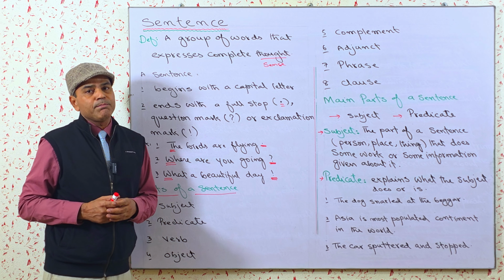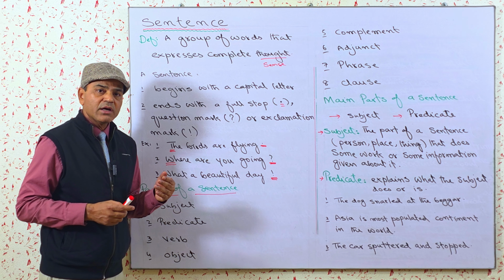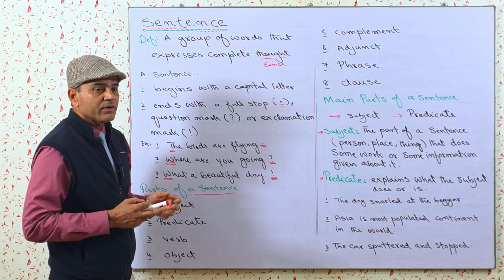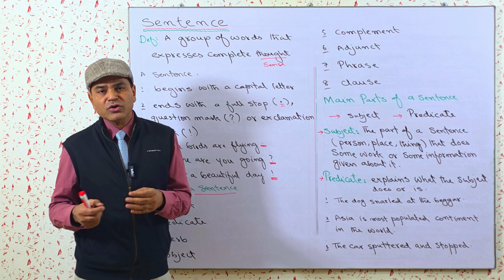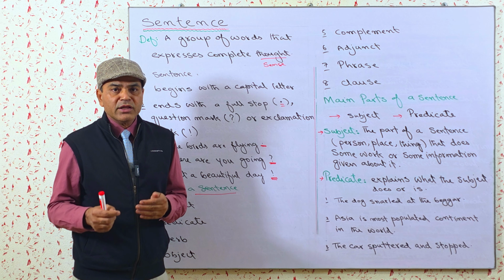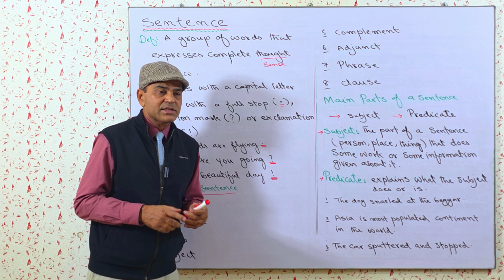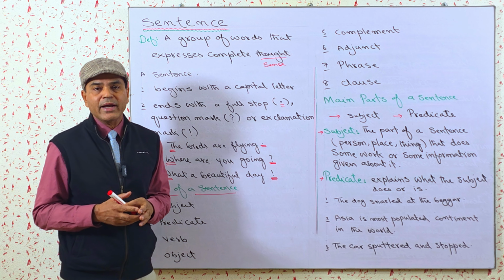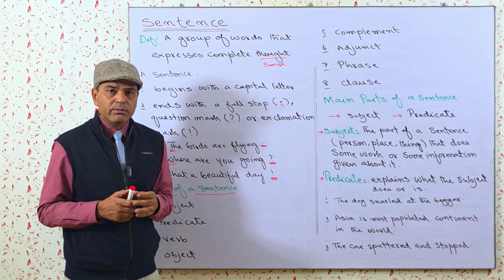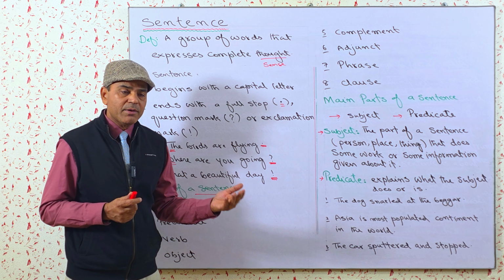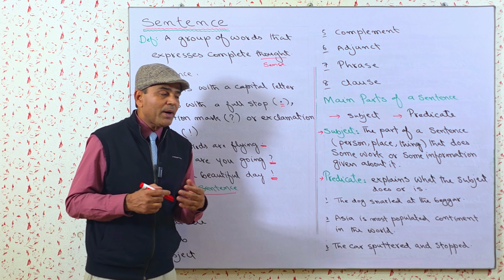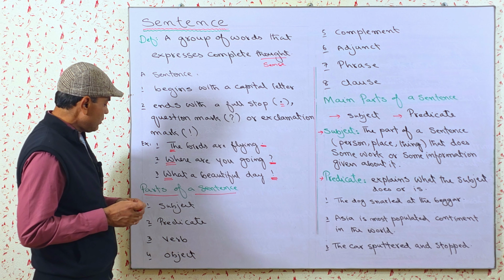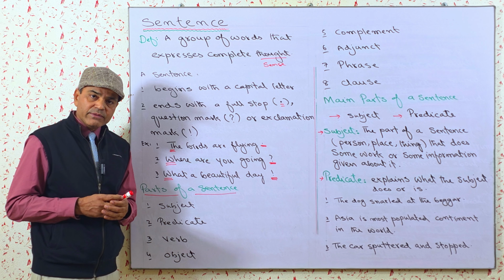A sentence has different parts, because when we talk about a sentence, we actually talk about grammar, because the definition of grammar is putting the words at their right places in the sentence. We will be able to put the words at their right places if we know about all the parts of the sentence. So what are the different parts of a sentence?